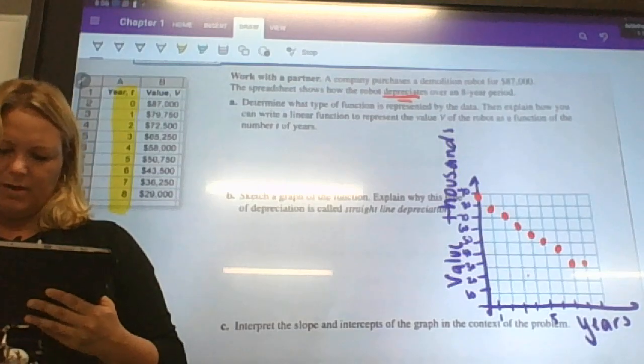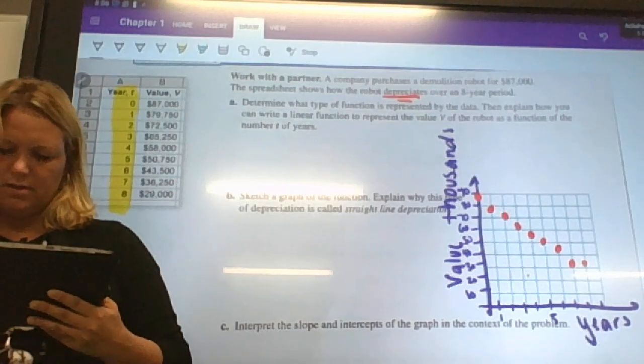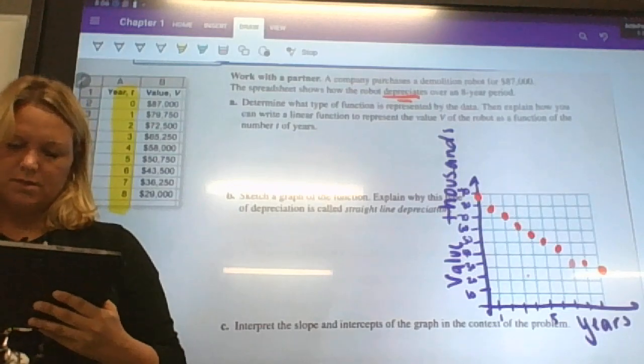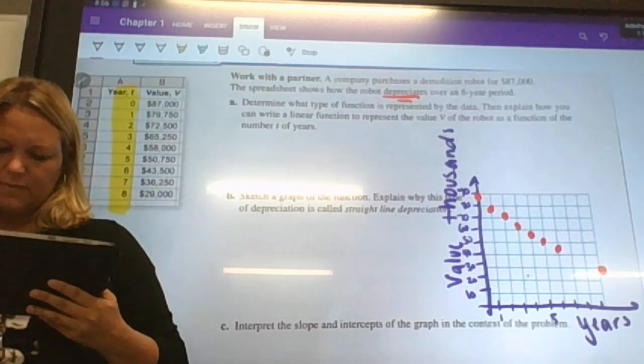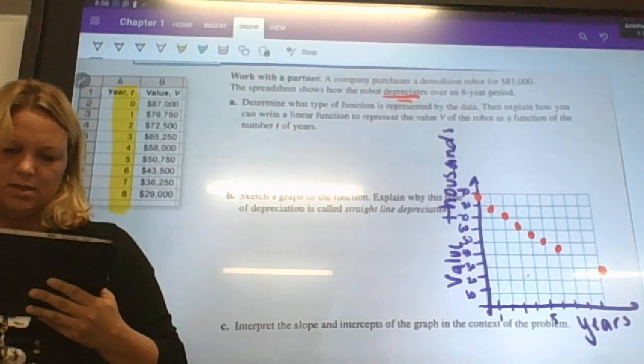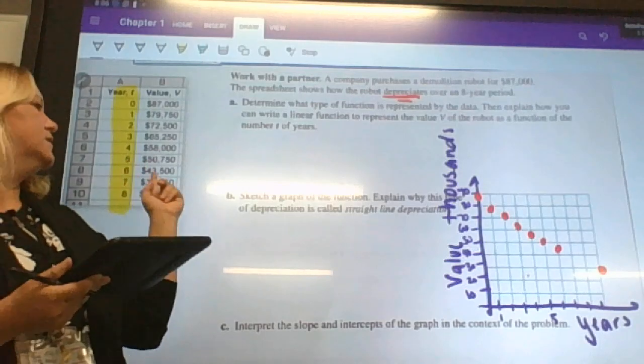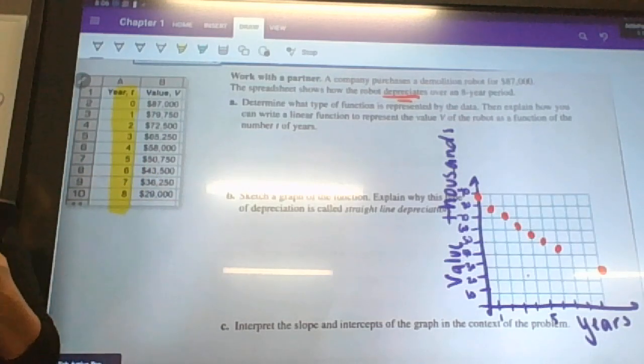Yep, I got lost in those last two. Oh, the spreadsheet's throwing me off. 6 was 43. 7 is 36. And 8 is 29. There we go.